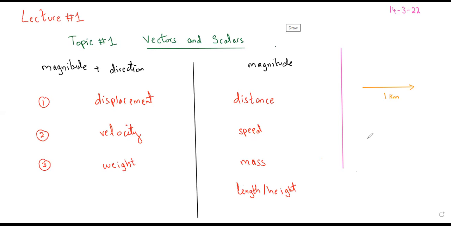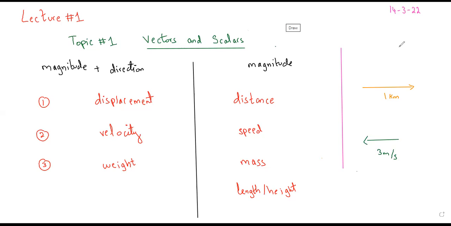So let's say that there's a person who's traveling in this direction and his speed is 3 meters per second. Okay, now since he is traveling in the left direction, if we want to specify the direction, we would have to use the sign.